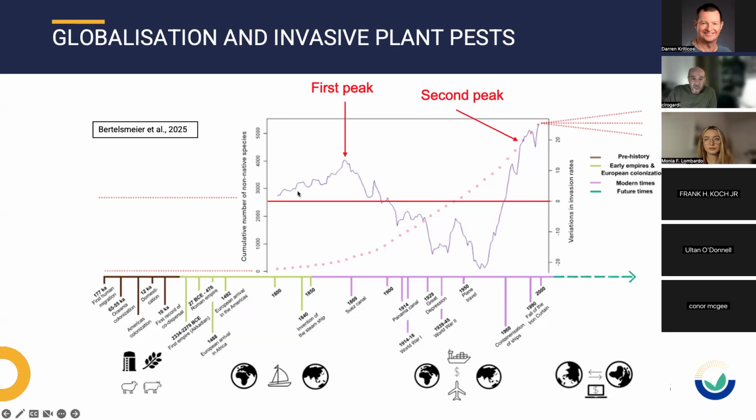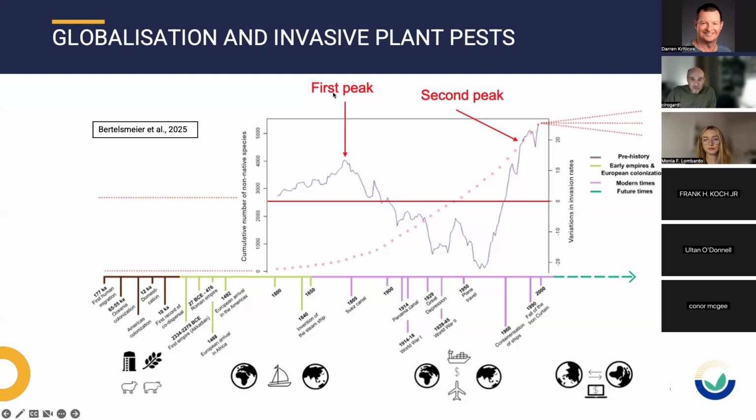And we can see clearly that the red horizontal line means if we are above, we are in a situation of increasing introduction of invasive alien pests. If we are below, we are in less than the average.